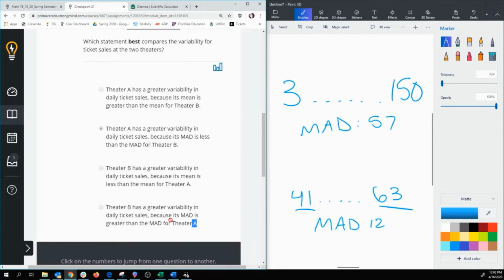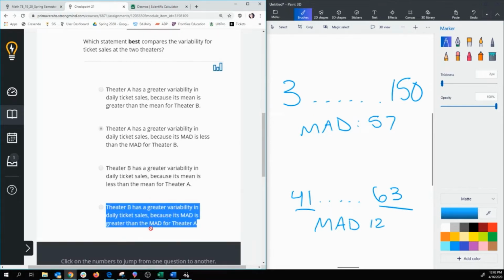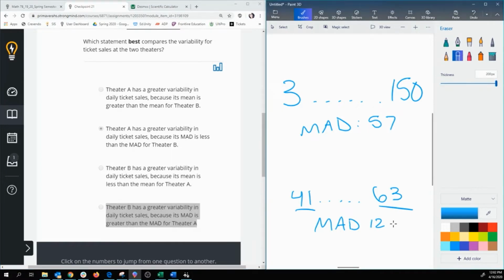So theater B has a greater variability in daily ticket sales because its MAD is greater than the MAD for theater A. So anytime you're asked questions about variability or which one of these 2 data sets varies more, always look at your mean absolute deviation for that.